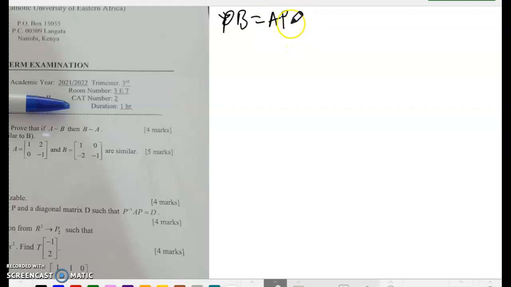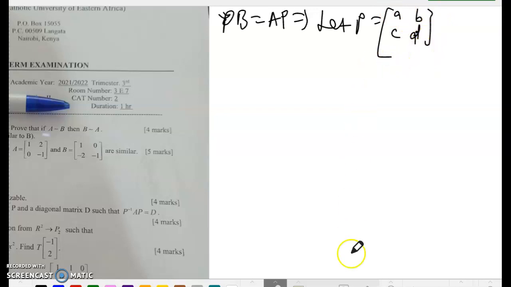So what we are simply saying is that we are going to introduce a P matrix, and that P matrix will be equal to some elements a, b, c, d. This is a 2 by 2 matrix, just like what we have initially.